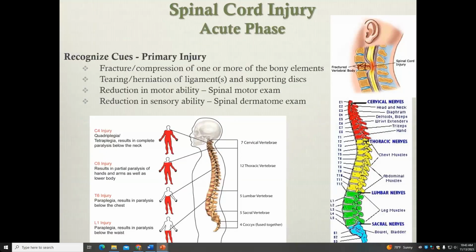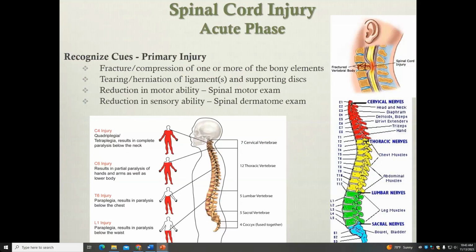In terms of recognizing cues, this is probably the most detailed. I want you to go into this. I think this slide right here is probably the best visualization of what you're going to get with what's going to be left for these patients, or determining what they're supposed to be missing.